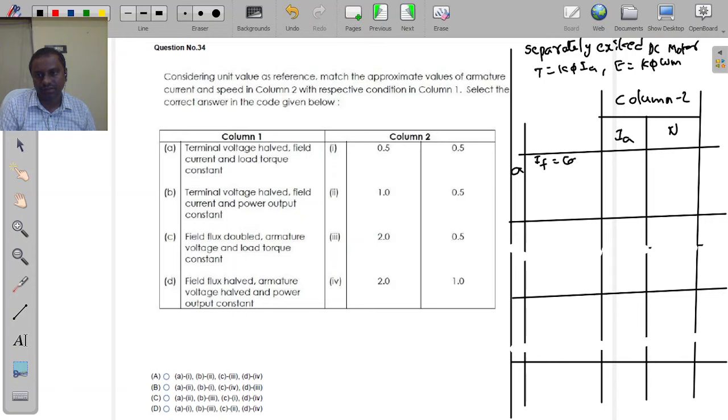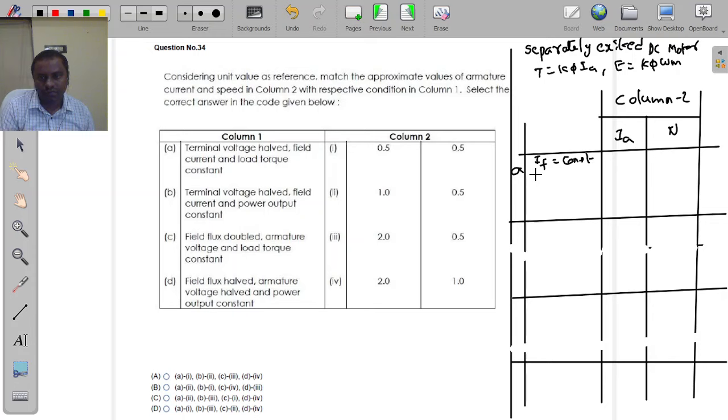So IF will be constant, because they mentioned the field current and load torque are constant. So IF is constant.